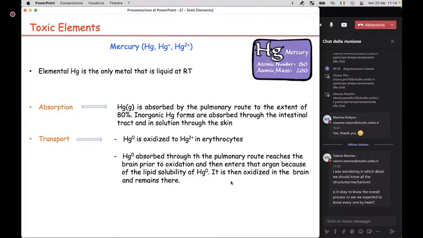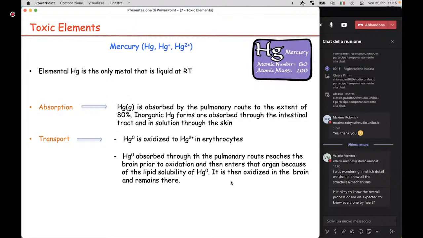I am showing you a lot of structures, of course, because this is an environmental and toxicological chemistry course, and in order to understand the chemical reactions and the toxicity of compounds, we need to see and understand the structures and how they work.